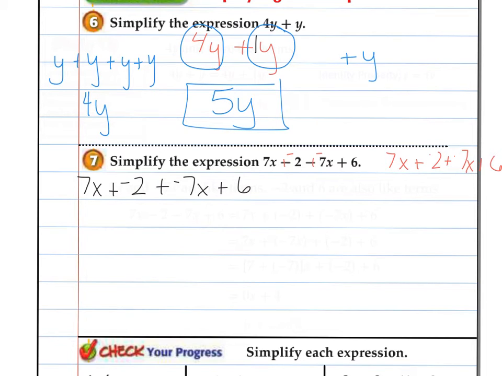So what I like to do is circle and box my like terms. So I say, okay, I have 7x, and that can combine with -7x. So I could rewrite that as 7x. Rewrite it, since addition I can reverse the order. And then I have -2 and 6.